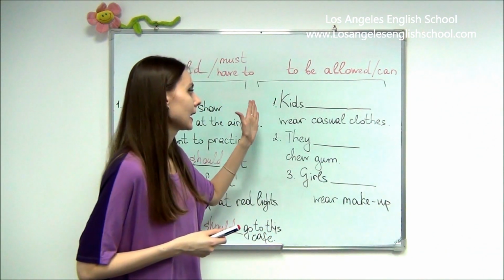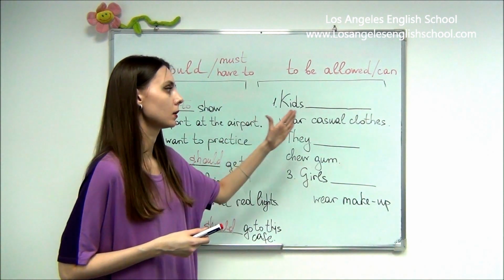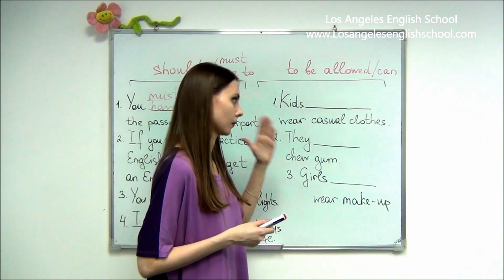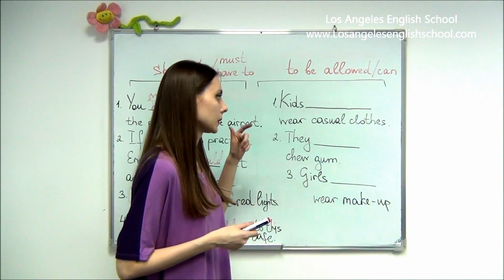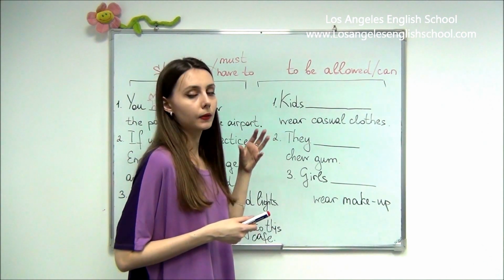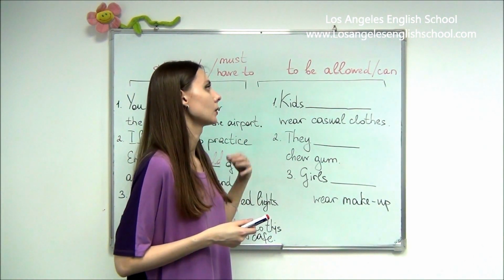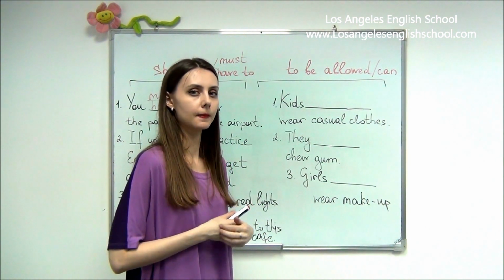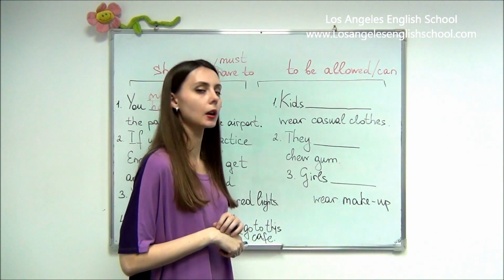So the first: kids cannot wear casual clothes. So if kids go to English schools, they cannot wear casual clothes. I would like you, instead of cannot, to use the expression to be allowed, but in the correct form. So how would you say: kids cannot wear casual clothes?